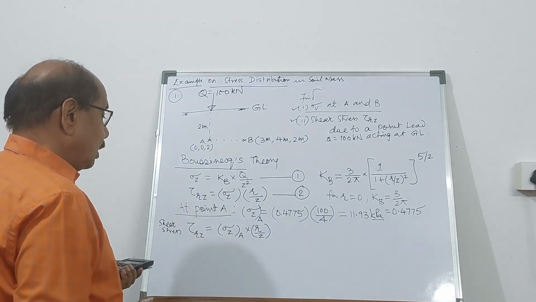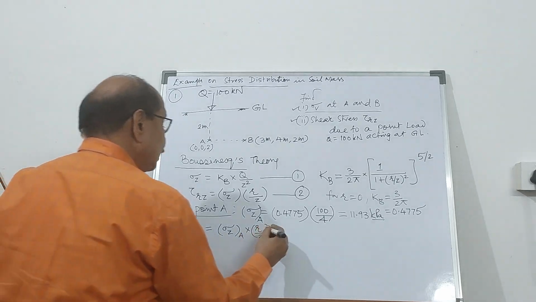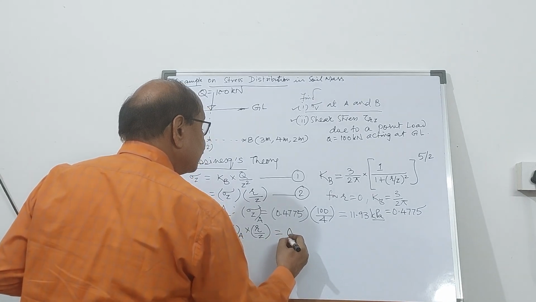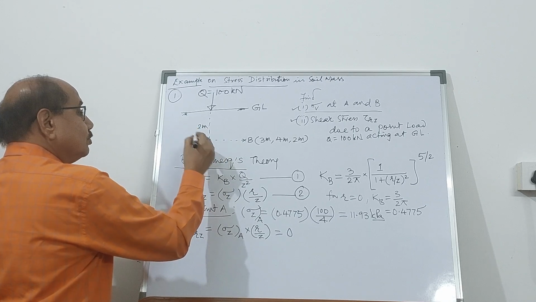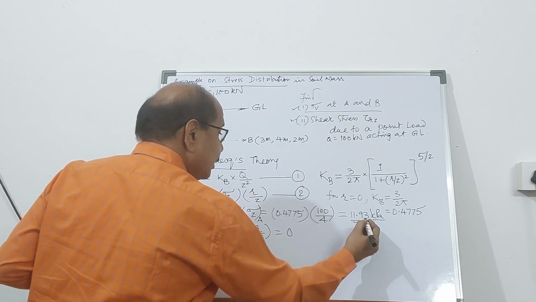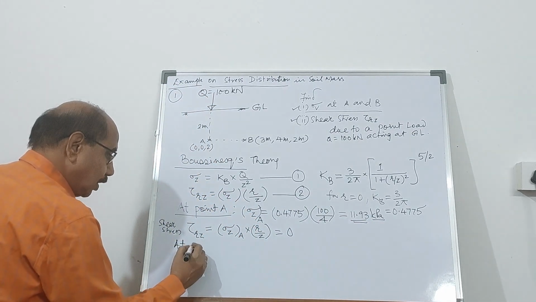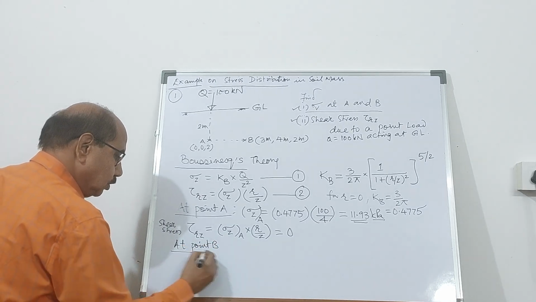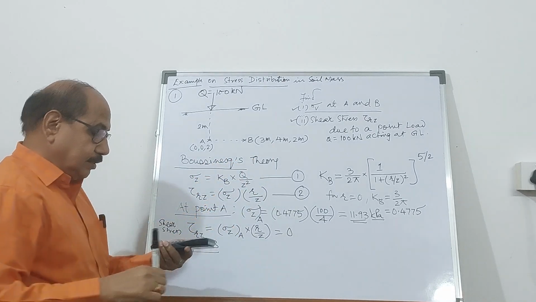Now r is already 0, so this becomes 0, and therefore the shear stress becomes 0. So here the shear stress is 0, and vertical stress is 11.93. Now at another point, at point B, you have been given the x coordinate and y coordinate.